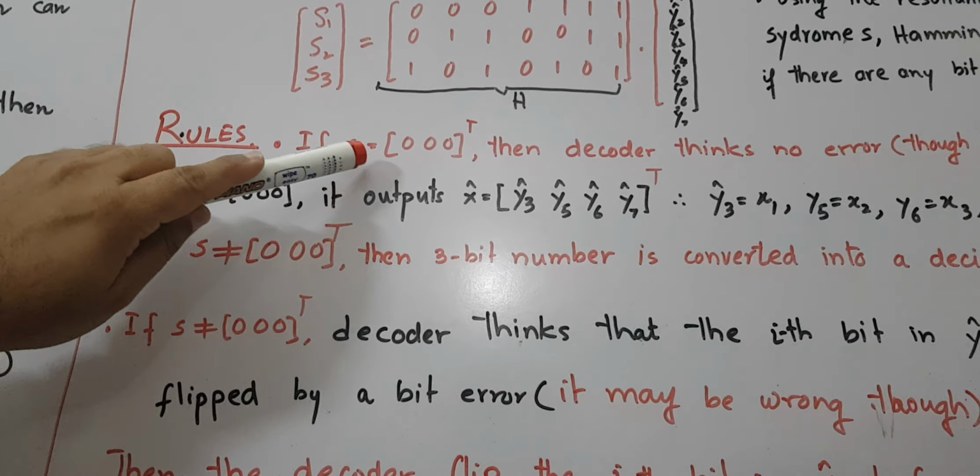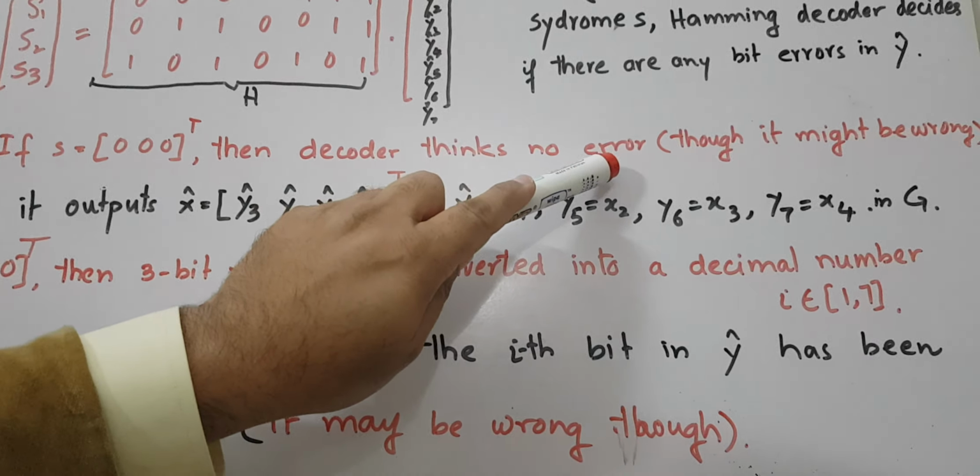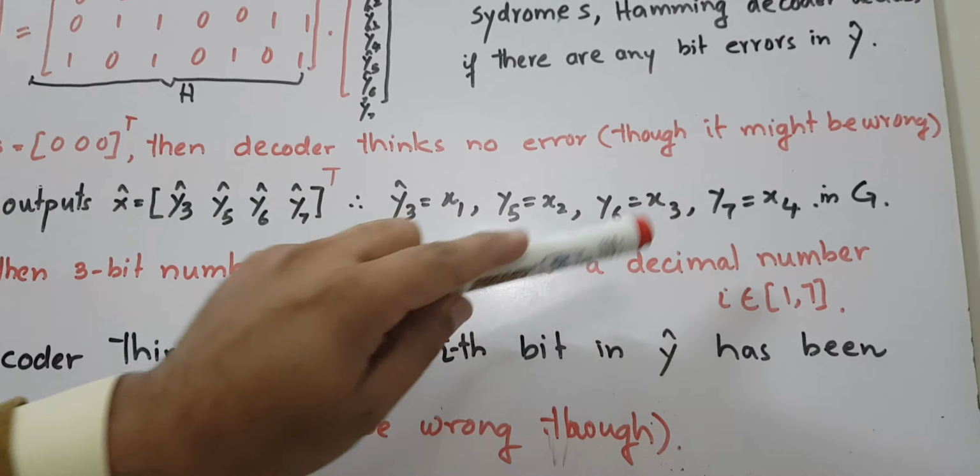If S is equal to all zeros, then the decoder thinks there is no error, though it might be wrong as well.